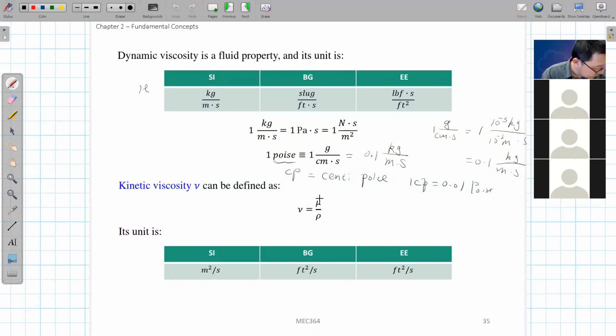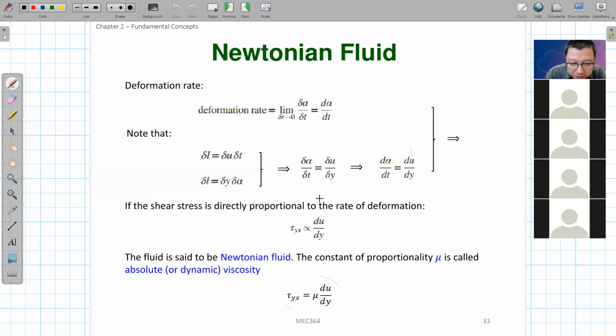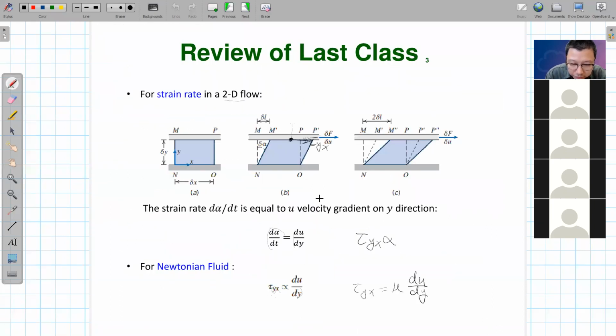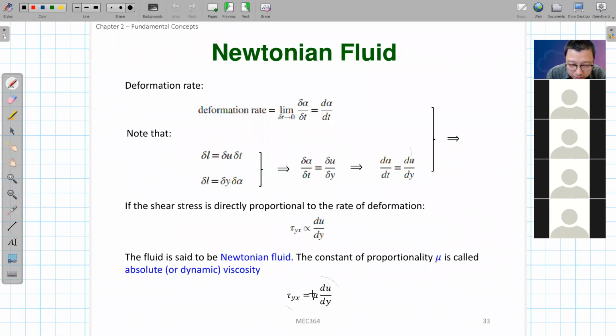Anyone? In what situations would we see dynamic viscosity, and in what situations would we see kinematic viscosity? The situation you need dynamic viscosity is if we want to use Newton's viscosity law. If you want to calculate tau yx, then this one has to use mu.